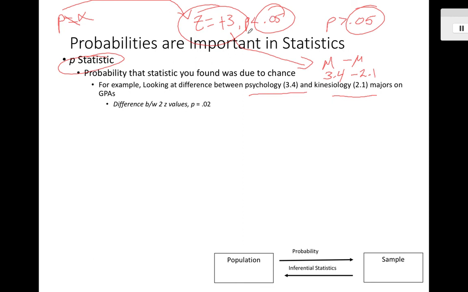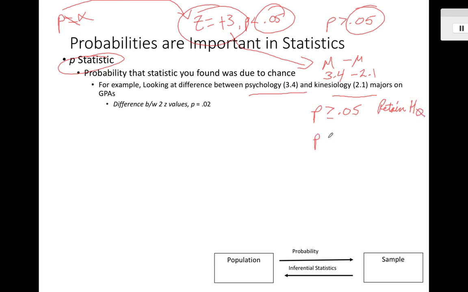This p-value is going to determine for me if my statistic occurred solely due to chance or not. So the rule of thumb that we use is the following. If my p-value is greater than or equal to 0.05, we retain the null hypothesis.